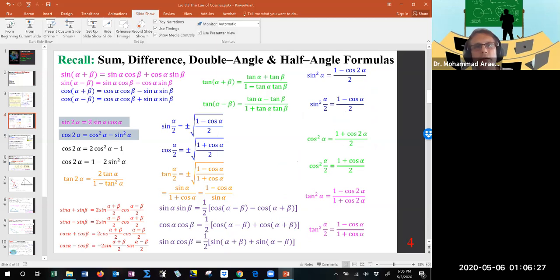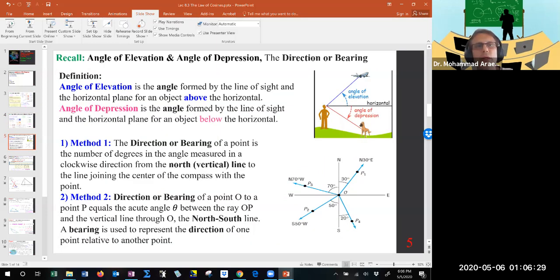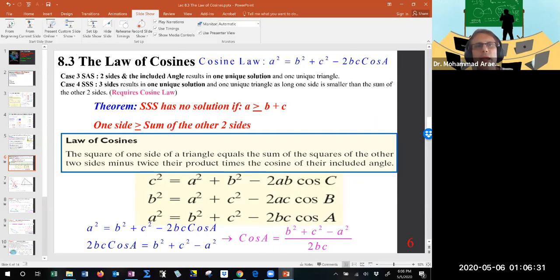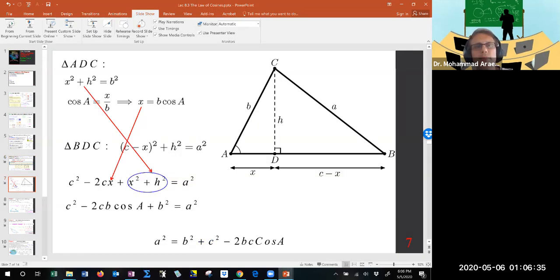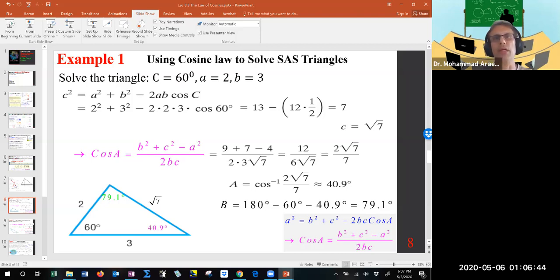So we looked at those formulas, and we looked at the proof of the cosine law. And we did a simple example, SAS, side, angle, side, and that means an included angle.